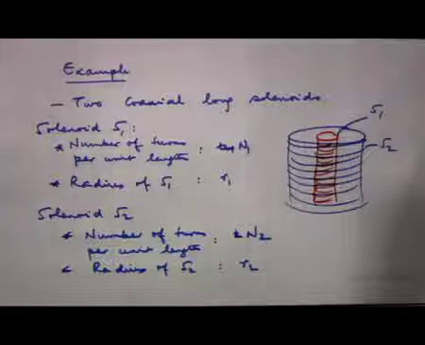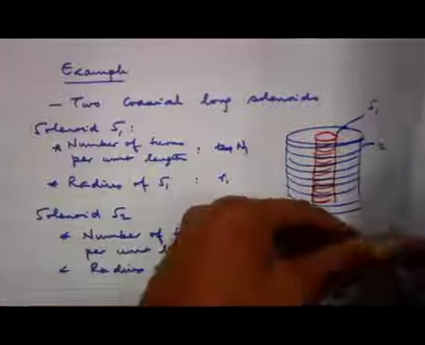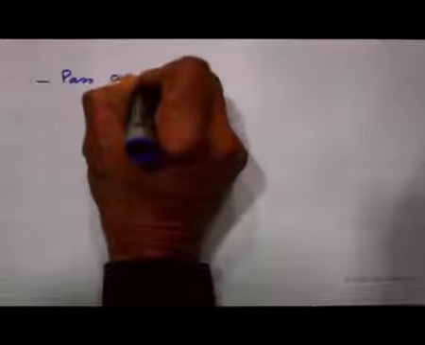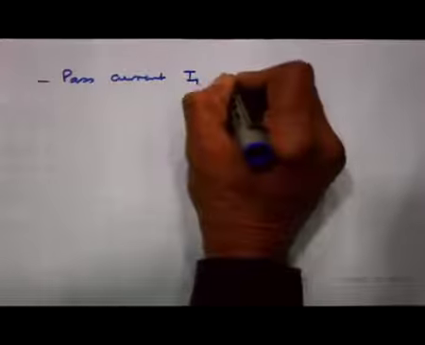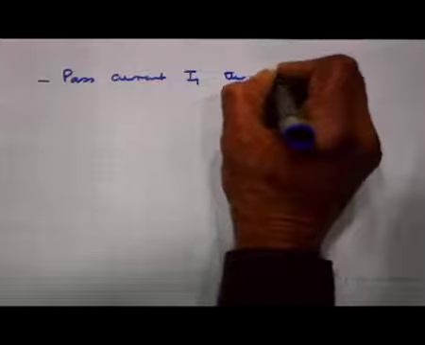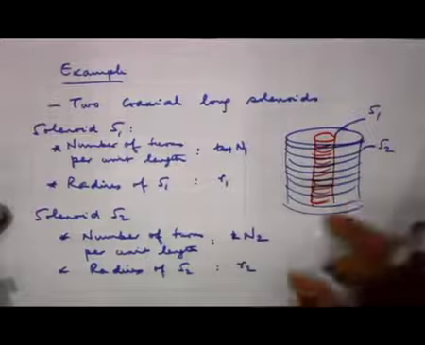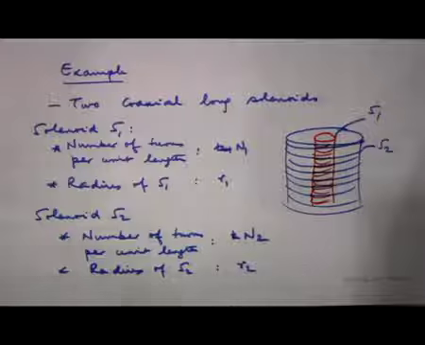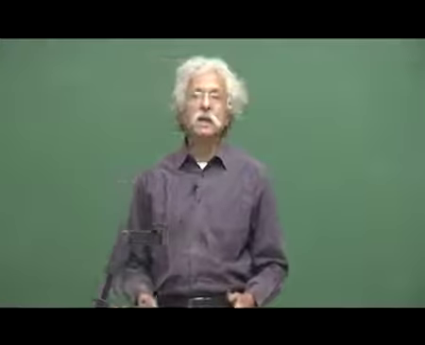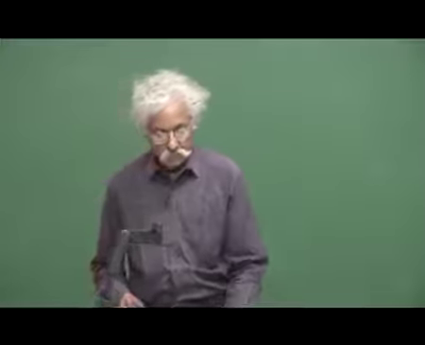Now, let me assume that I pass a current I1 through S1. S1 is connected to a current source. First of all, I am assuming that these are very long solenoids, so I can assume the magnetic field generated by these solenoids is uniform within the solenoid, and S1 is now carrying a current I1.